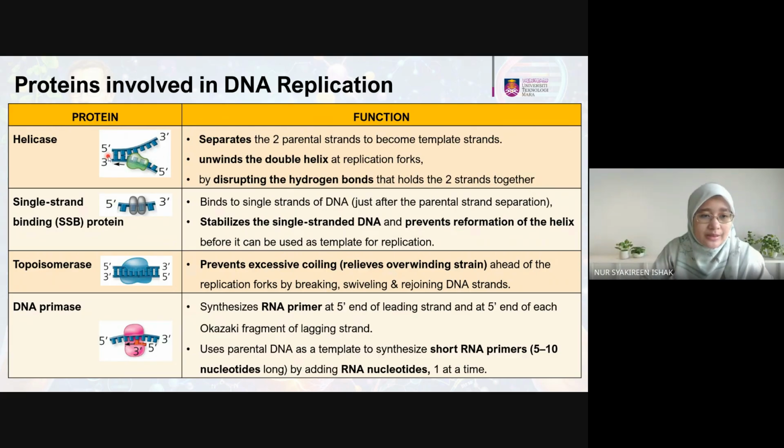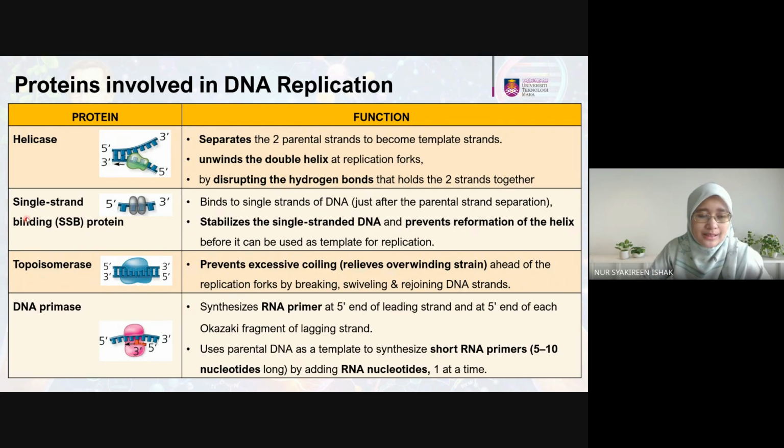The bonds that hold the two DNA strands are hydrogen bonds between the complementary bases. So the helicase will break the hydrogen bonds. You can use either word: disrupt the hydrogen bonds or break the hydrogen bonds, whichever term you use, as long as the explanation is correct.